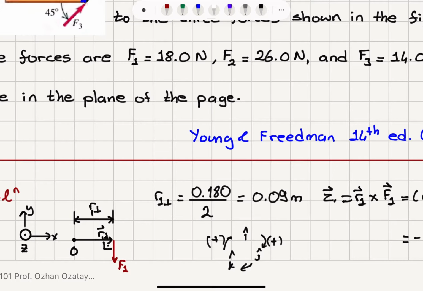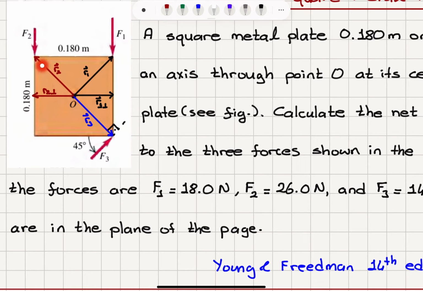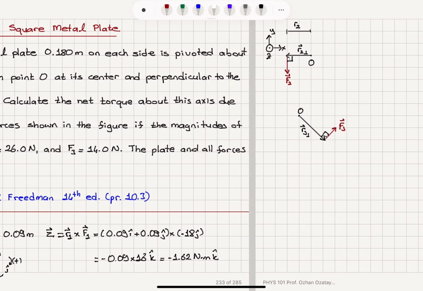All right, now let's move on to the other forces. Force F2 is applied here. It has a position vector R2 with respect to the pivot point O, and it has a perpendicular distance also equal to 0.09 meters.